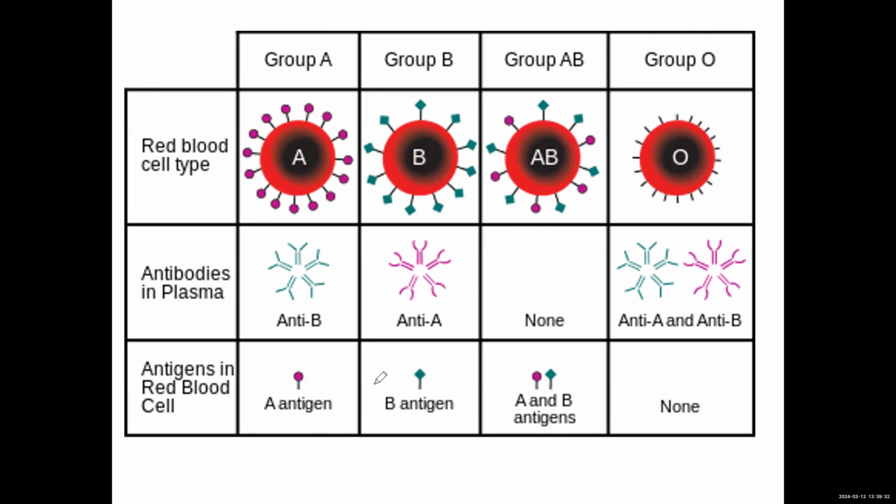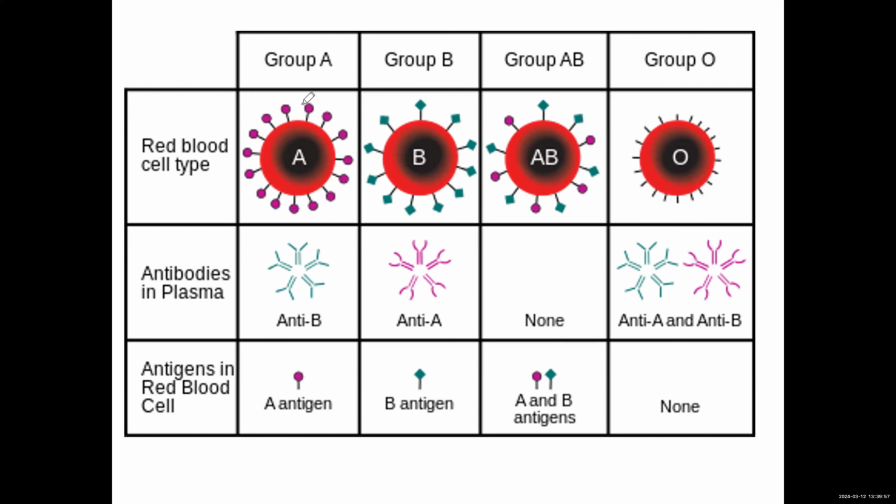Now, here's the important thing. If this is your blood type, then your immune system cells, looking at this antigen A, recognize it as your own protein. Your immune system is not going to attack anything that has this A antigen.